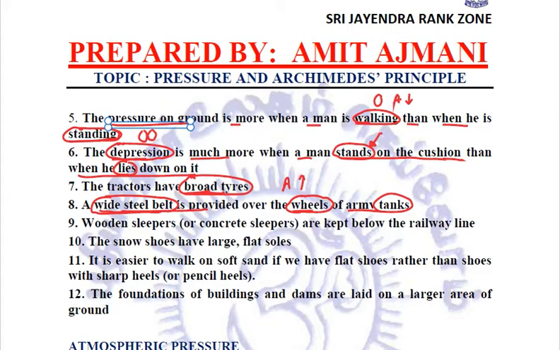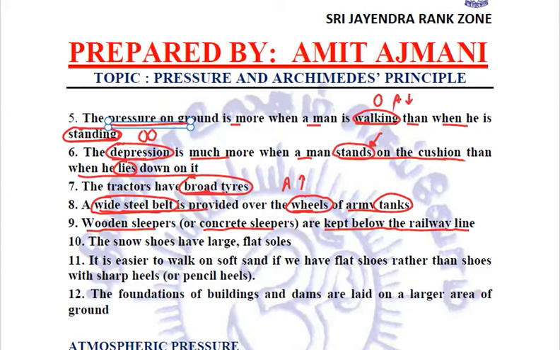Similarly, we have seen that the wooden sleepers or the concrete sleepers are kept below the railway line. It is also because of the same reason. The train carrying so many passengers, fully made up of iron, is so heavy. So when this train moves on the railway line, it exerts so much pressure.